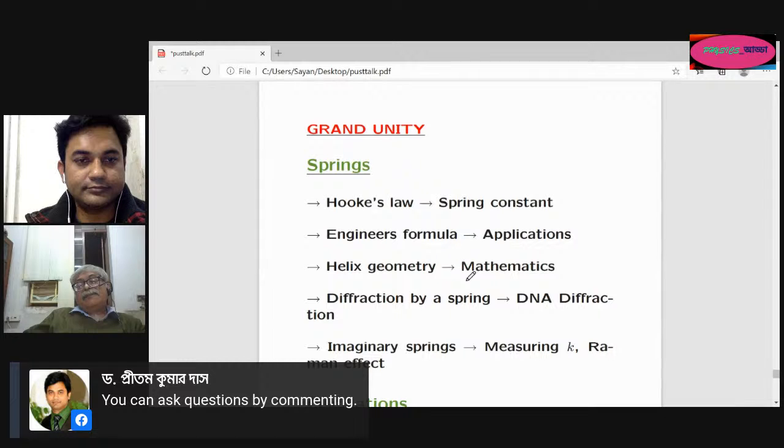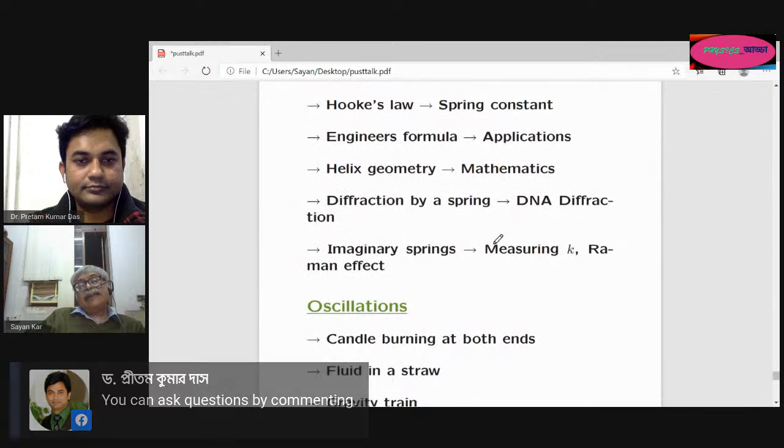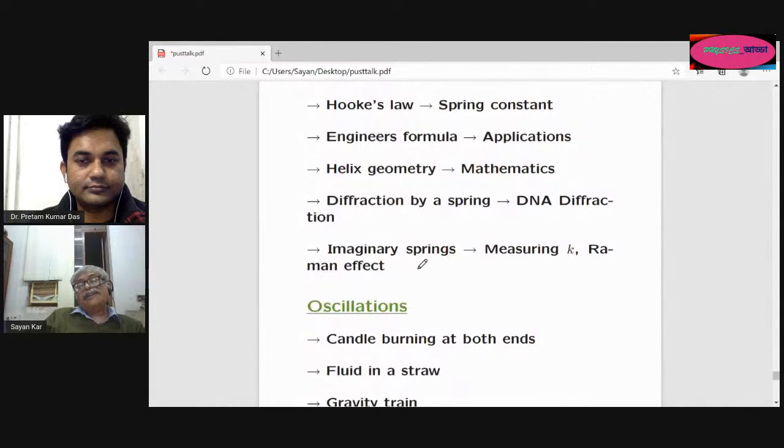Then I talked about the mathematics of a helical spring and the helix geometry. Then I moved to diffraction by a spring, and saw that it has a cross, the same cross that Rosalind Franklin and Raymond Gosling saw when they looked at the diffraction of DNA, which incidentally is also a double helix. And then I went to imaginary springs, which are bond strengths, where I measured K, and I told you a little bit about the Raman effect.